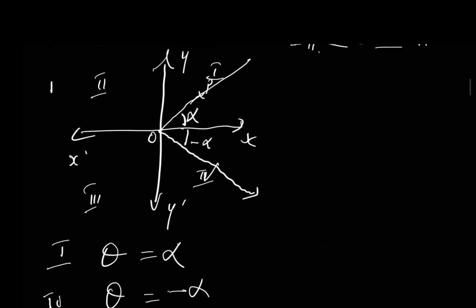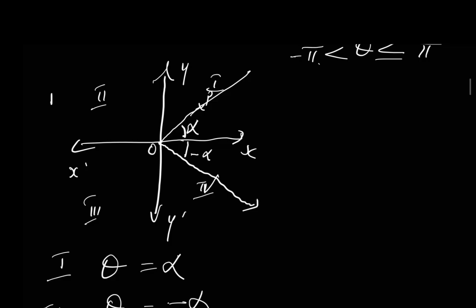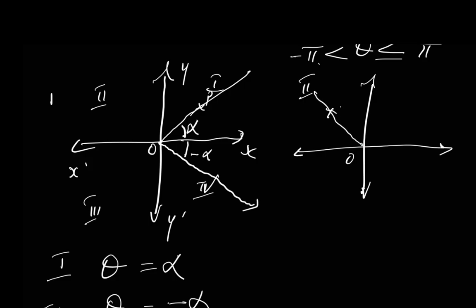Now let us see the second and third quadrant angles. When I take the same line in the second quadrant, with the origin and point P, the angle made by the line with the x-axis is alpha.